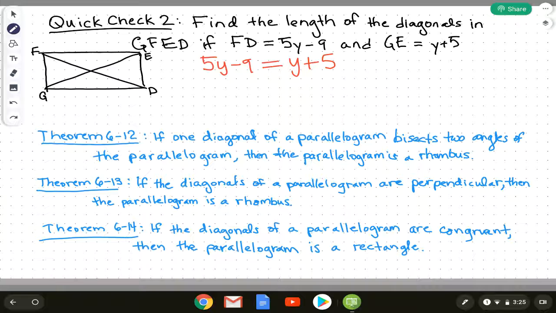You're going to end up with 4y equals 14. And y is 14/4, which I can reduce to 7/2. Okay, that's the variable y, but I did need to go back and plug it in to find what the lengths of the diagonals are. So the easiest one to plug it into is GE this time.